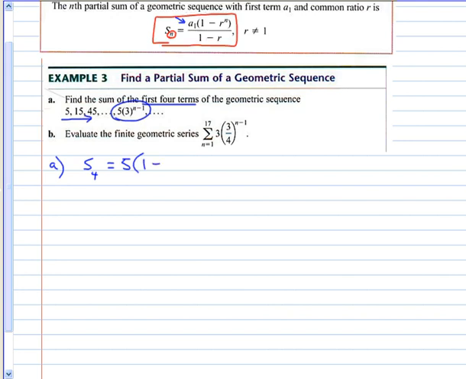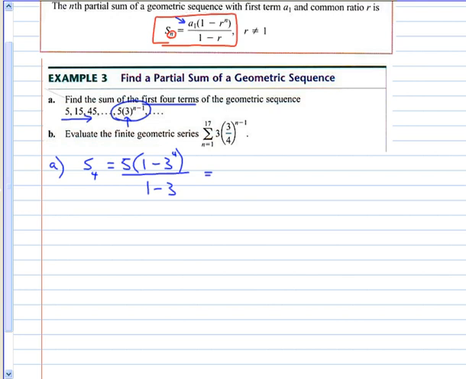What am I multiplying by each time? Well, you can probably tell from the sequence of numbers that we're multiplying by 3 each time. You also could recognize it in the formula. 1 minus 3 raised to the 4th power, because we are finding the sum of the first 4, divided by 1 minus the common ratio, which is 3.